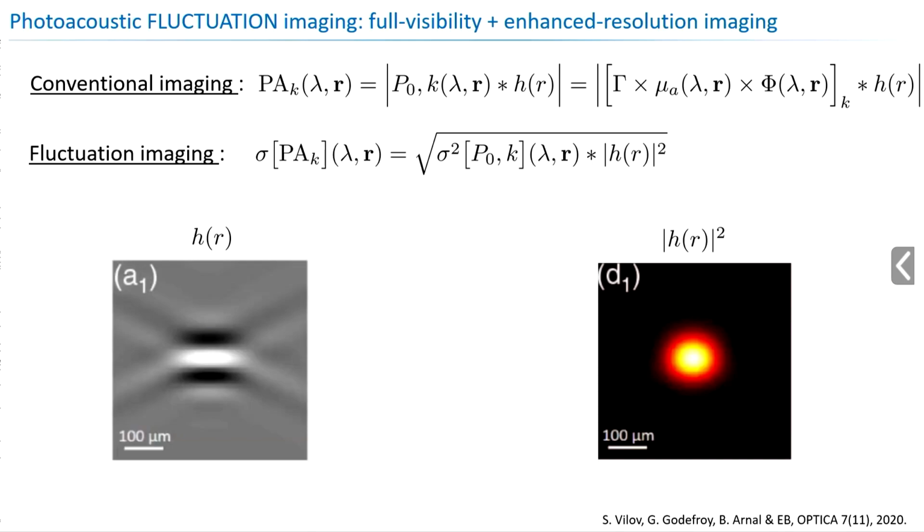If you study the variance or the standard deviation, then you can show, I'll skip the details, that the image you get is related to the square of your object convolved with the square of the PSF. Now, if you take a PSF which is a sine, you square it, then it's only positive. And then there is no way anymore that you have destructive interference. And this is something very interesting that we use, and I'll just show you results.